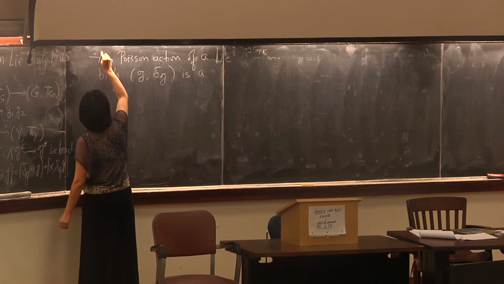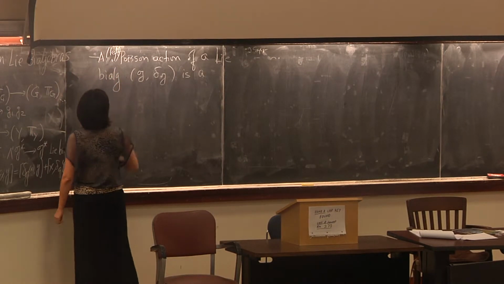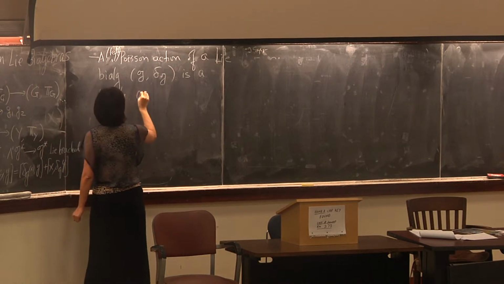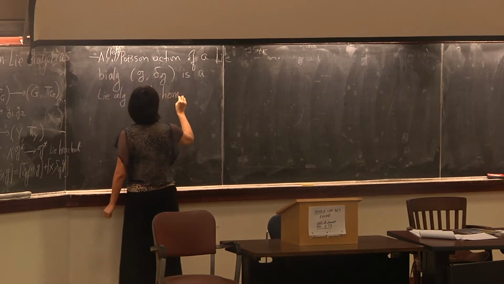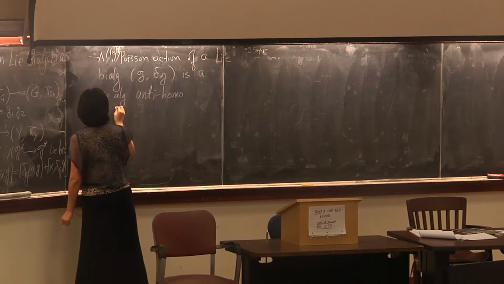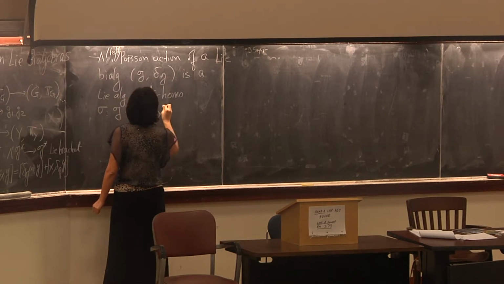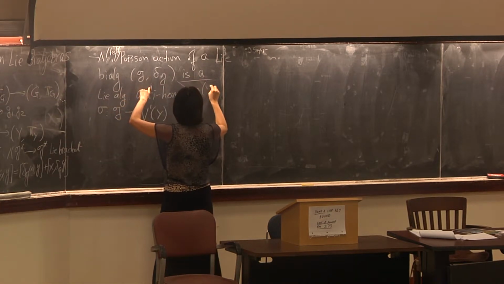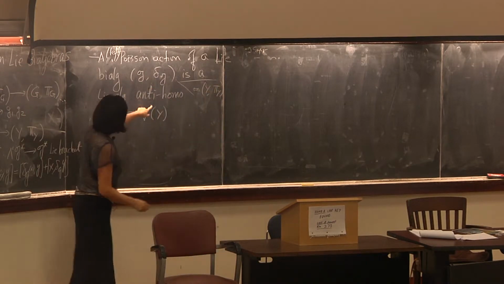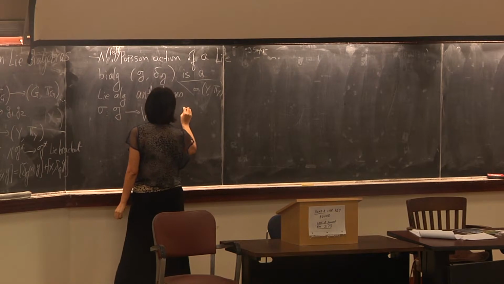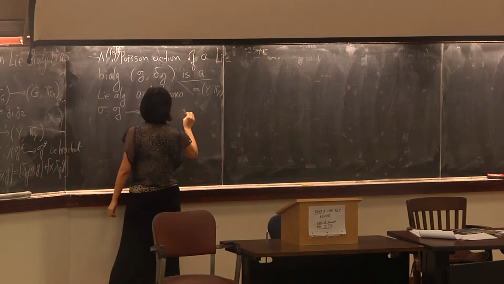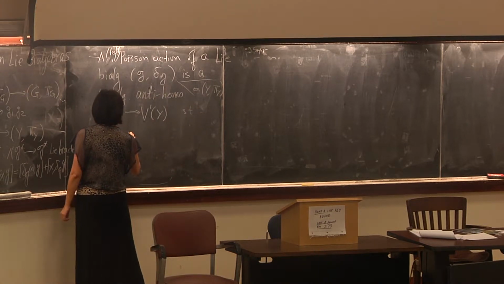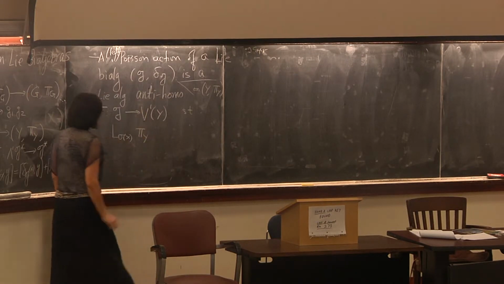So, for example, a left Poisson action of a Lie bialgebra is a Lie algebra anti-homomorphism sigma from G. So I should say a left Poisson action of a Lie bialgebra on a Poisson manifold Y is a Lie algebra anti-homomorphism into the space of vector fields on Y, such that if you take the Lie derivative of your Poisson structure, it is not equal to 0.